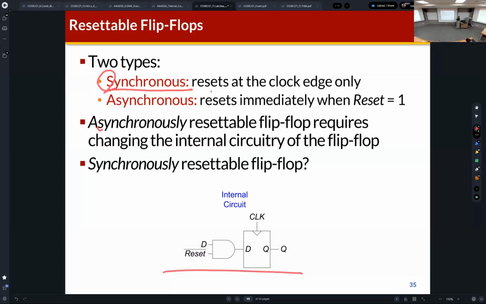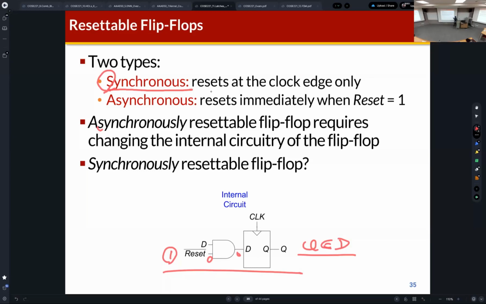So this is the example of a synchronous reset. D is connected to one input of the AND gate, and the reset signal is connected to the other input of the AND gate. You can find the reset bar. So what does that mean? When the reset signal is 1, this becomes 0, and then this becomes 0. Otherwise Q becomes D, but Q becomes D at the rising edge of the clock.